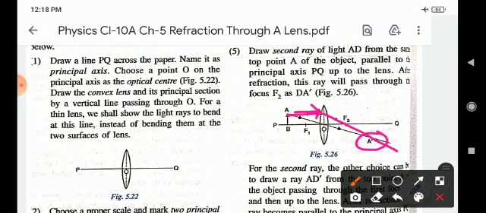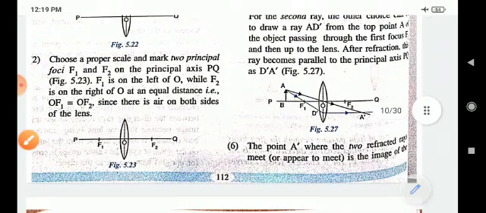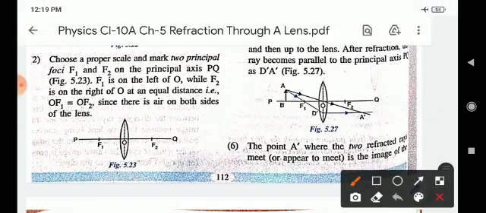Same process in the second part: for the secondary, it passes through the focus, then it bends and moves parallel to the direction of the principal axis.